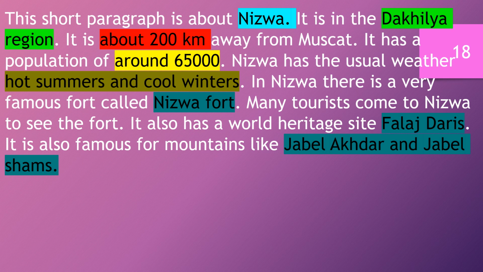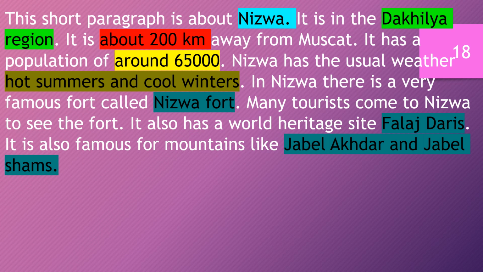So in Nizwa, there is a very famous fort called Nizwa Fort. Now, what happens with famous places? People come to see them, so you can mention that extra information. Many tourists come to Nizwa to see the fort. This is the extra information you are providing about the famous place.